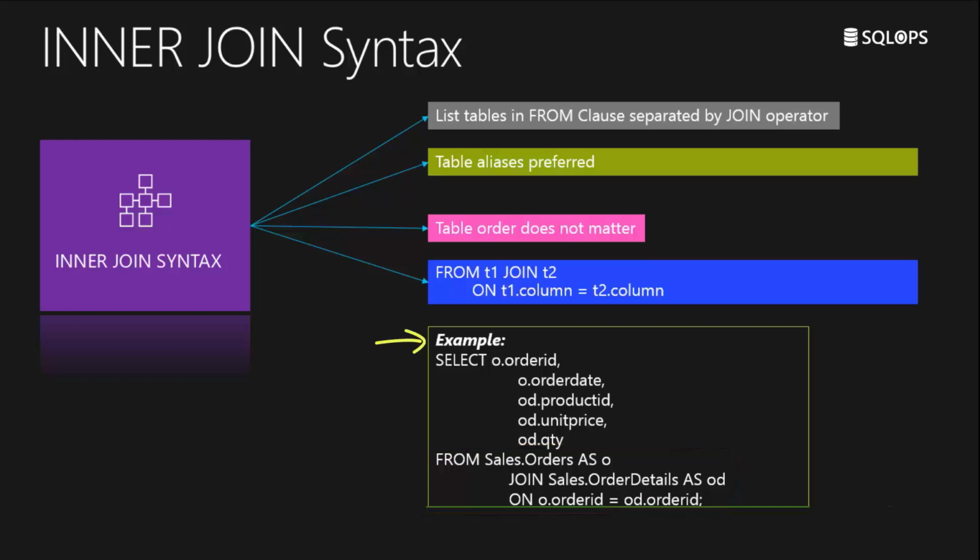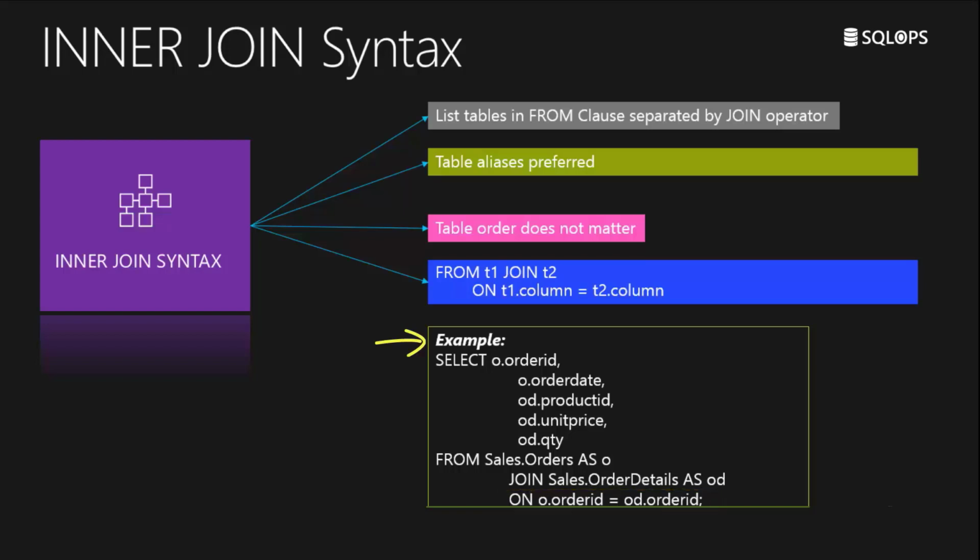In this example, the from clause defines the input tables, which are the orders and the order details tables. SQL Server then performs a logical Cartesian join on these tables and passes the results to the next phase. The on clause gets the virtual table and then filters the data, returning only those rows where an order ID in the orders table matches the order ID in the order details table.